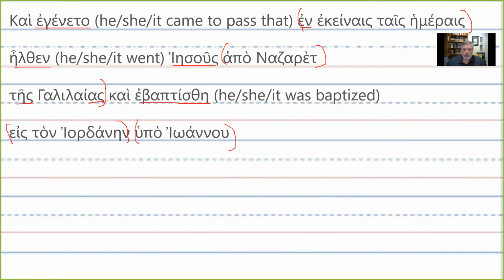And so I just begin to break it down. We start with kai egeneto. Well, this is a neuter ending, so it would be "it came to pass that." And then we have en ekeinais tais hemerais, "in those days," plural, and en is the preposition, so it means "in those days" that he went.